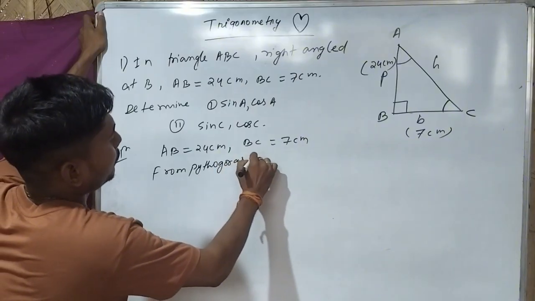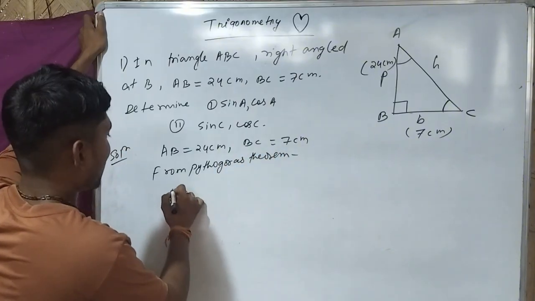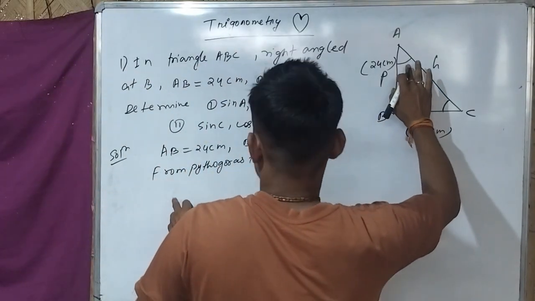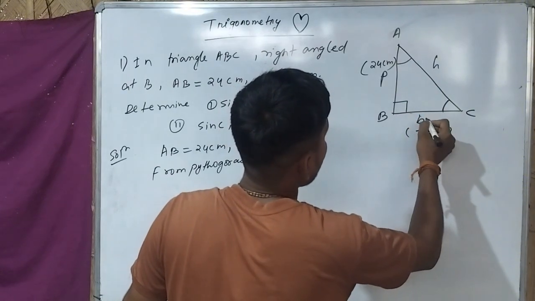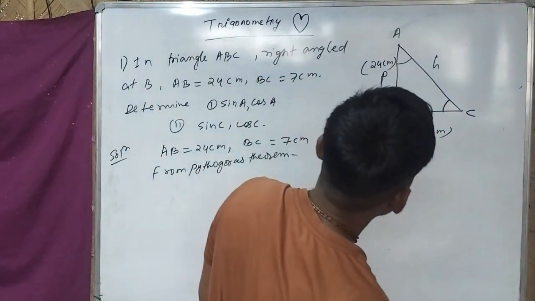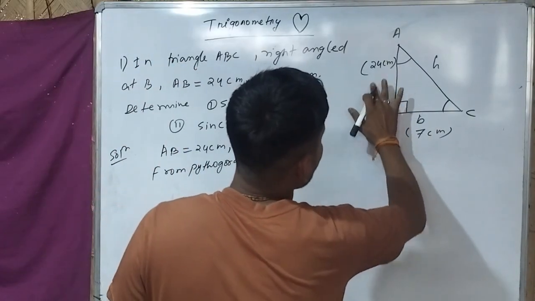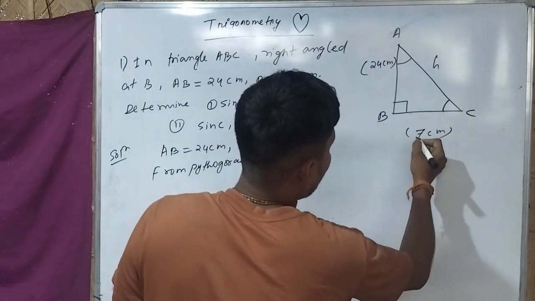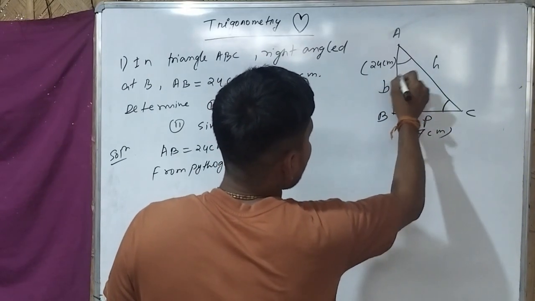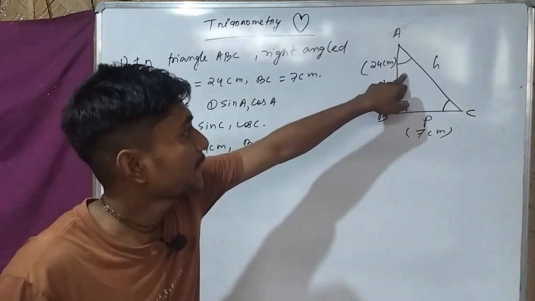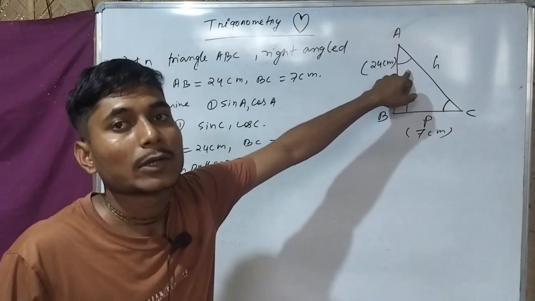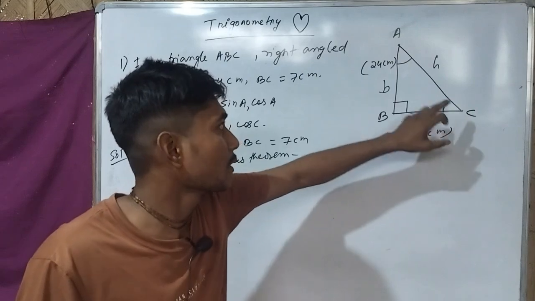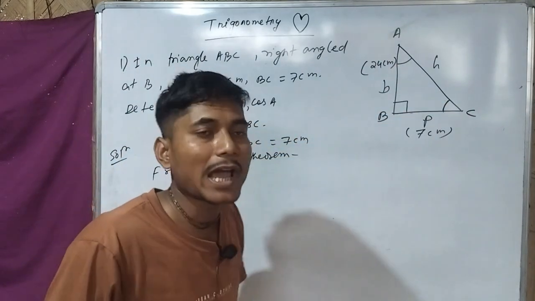From Pythagoras theorem, if this is angle A, then with respect to angle A, BC will be the perpendicular, AB will be the base, and AC will be the hypotenuse.